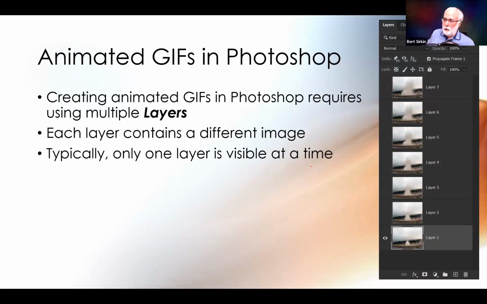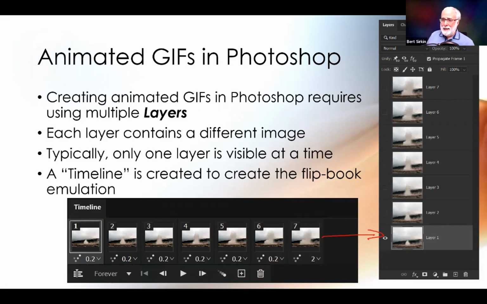And you notice that only one of the images, the very bottom, has the eyeball on. And at that point, only that image would be visible. As we go through the sequence, we're going to be turning on each individual image one at a time to get our sequence animated.